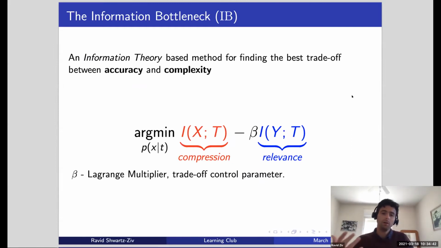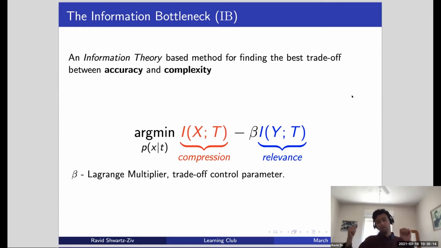Now you can formalize it using this Lagrangian. You have here two terms. First of all, it's the information with your input. Remember, T is your representation, your model. So you want to compress your representation, the information with your input, from one hand, and you want to keep the relevant information about your labels, about y.